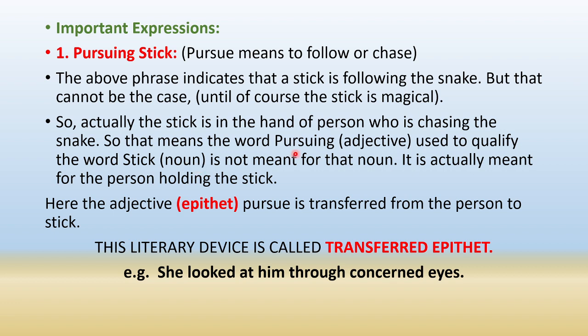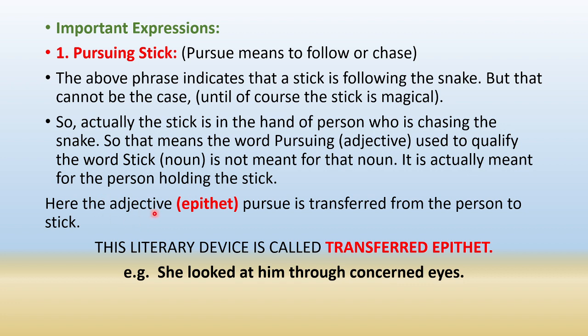So the word pursuing, the adjective here for stick, is used to qualify the word stick. It is not meant for that noun. It is meant for the person who is holding the stick, because that person is pursuing, not the stick. So here this adjective pursuing is transferred from the person to the stick.